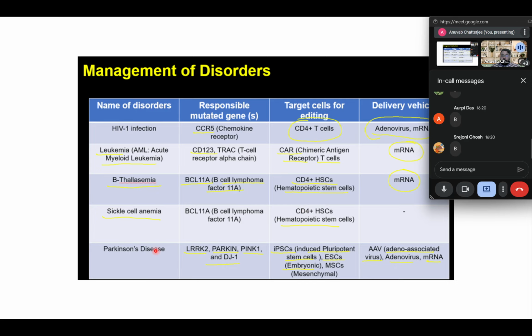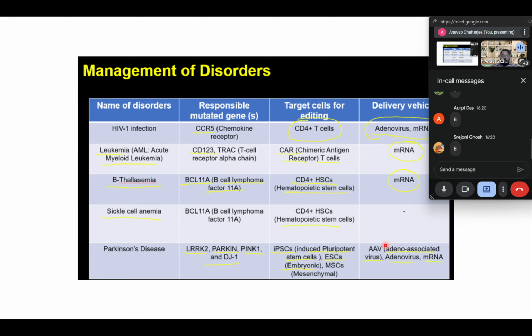Or in the case of Parkinson's disease, where a lot of different genes could be affected, and depending on which gene is affected in which individual, you target that particular gene using different methods, and these are delivery vehicles. So this is how you put in the mechanisms to edit the genome inside. These can include adenoviruses or adeno-associated viruses, or just plain mRNA, which can go in and edit the genome.